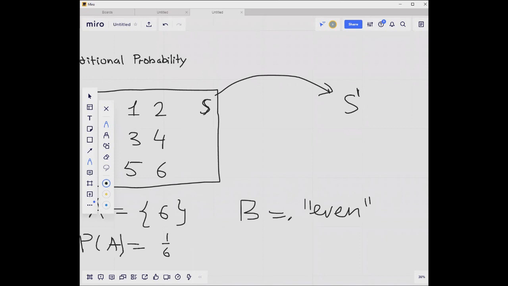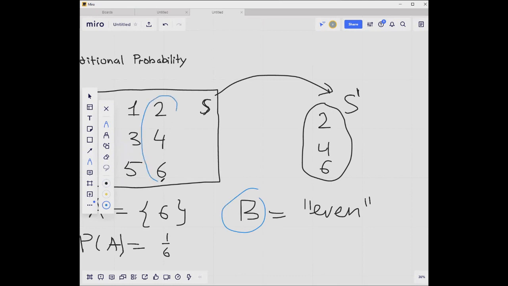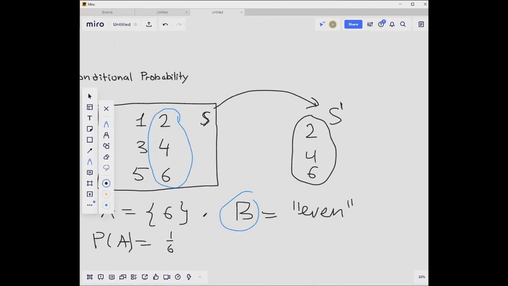So we know that event B, even number, has occurred, meaning that there are three outcomes in our new sample space S prime. These outcomes are numbers 2, 4, and 6. So this is event B. Okay, now if we are looking for the probability of getting number 6 in that sample space, it's going to be equal to 1 over 3.